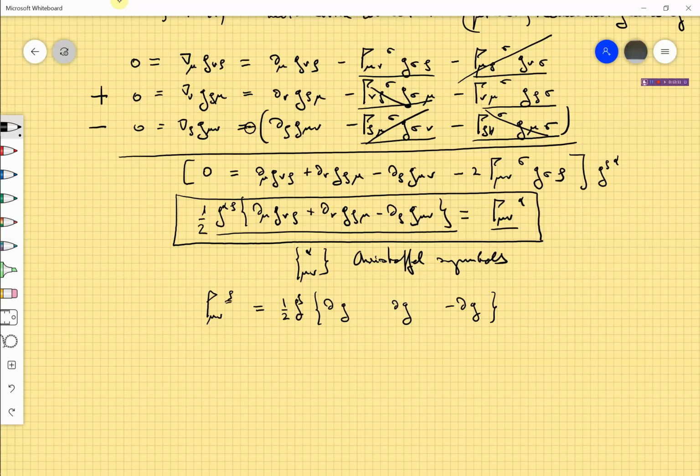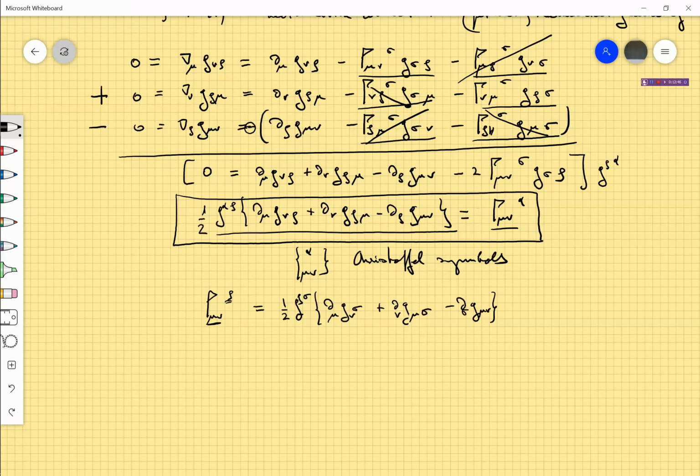Then there must be another index that is contracted with indices of these partial derivatives. Exactly how? Well, one of them is here, the other one is also here in g, and the last one with the minus is here. And this thing is symmetric, so these 2 terms must be like this, because otherwise you wouldn't have symmetry. And the last term is symmetric automatically in mu and nu.